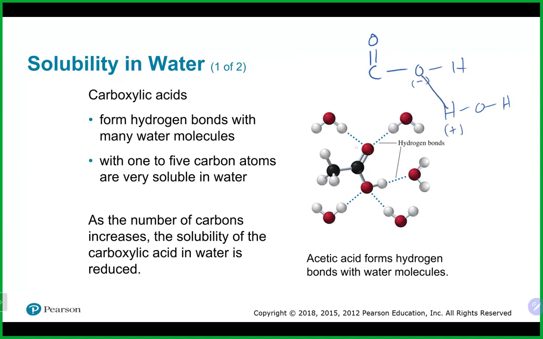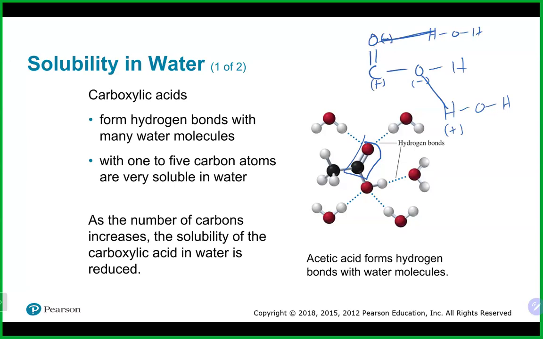But also here, as we see with our carbon-oxygen double bond, which is negative, if we have our water, it could also hydrogen bond there. So it gives it a lot of places where it could interact well with water, which makes it very soluble in water. But it is still like any other organic molecule, which means if you build out a bunch of carbons and hydrogens and it gets really big, solubility is really going to start to drop as well.